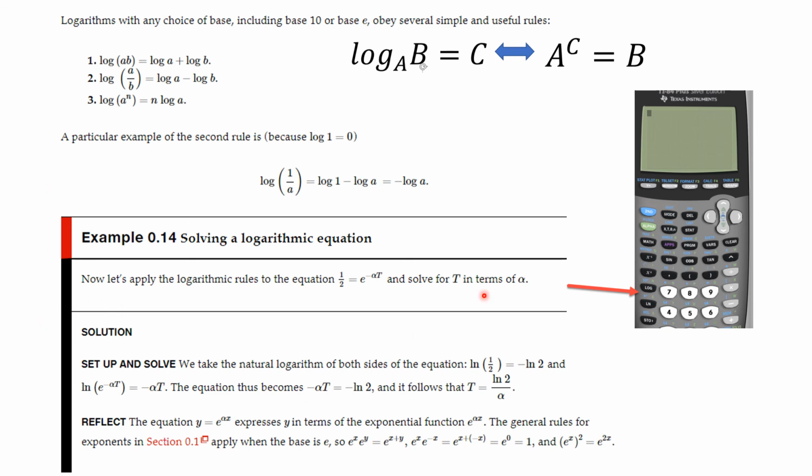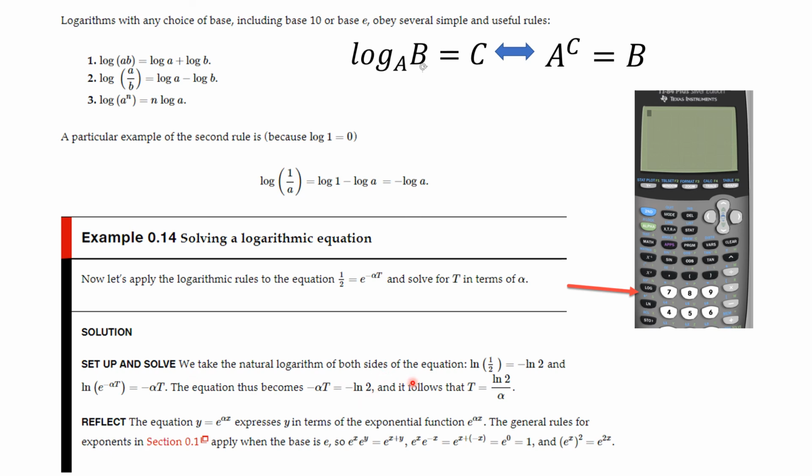Here's an example problem. This is where the buttons are on your calculator, and we'll review some of that during the VCM session. All right, so let's apply the logarithm rules to solve 1/2 equals e to the minus alpha t, and you want to solve for t in terms of alpha. Well, look what we have here. We really have this form, don't we? We have e raised to a certain power equal to b.